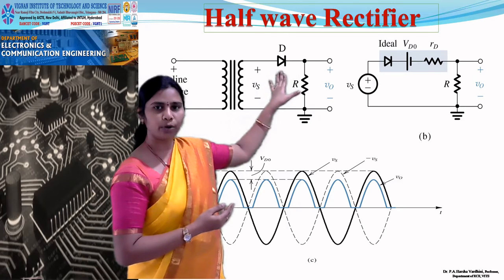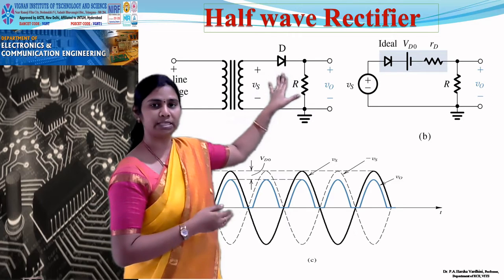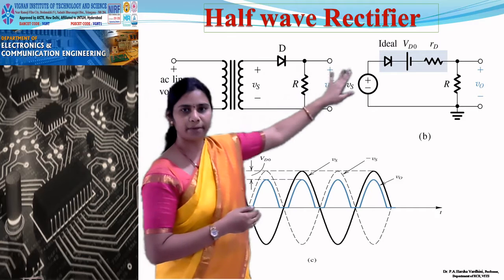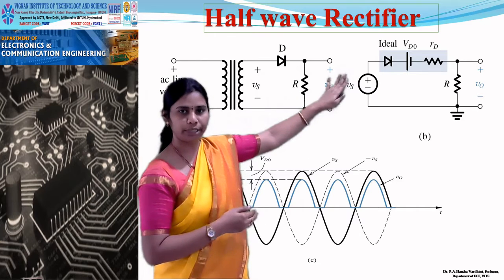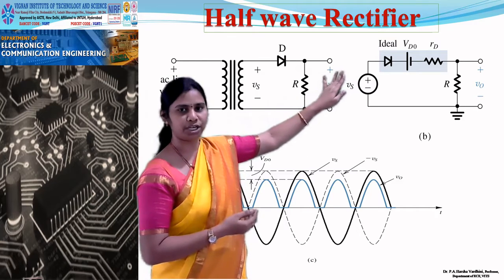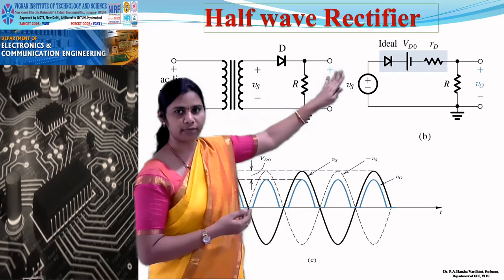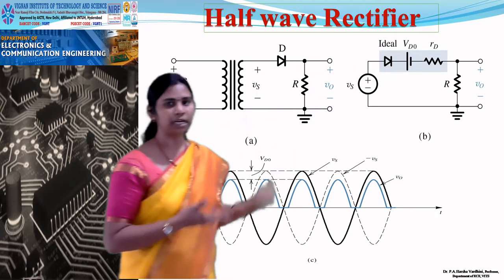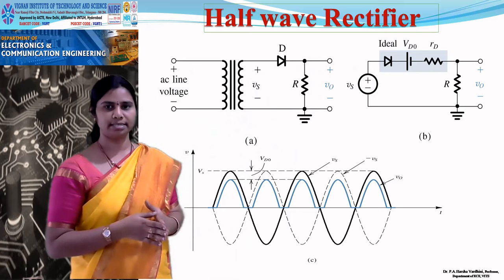Now this diode is an ideal diode. You can represent a practical diode, which I have represented here with a cut-in voltage V gamma, or you can mention it as diode voltage, which is 0.7 volts, with some diode resistance. Practically, it will exhibit a resistance value.